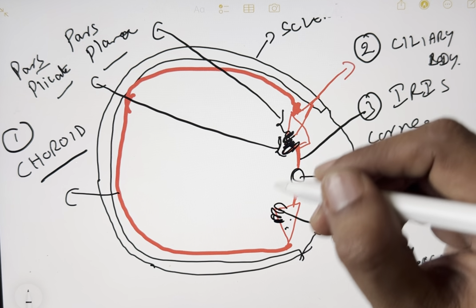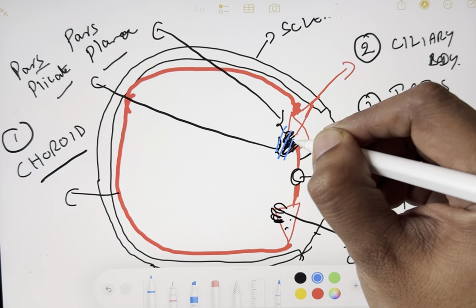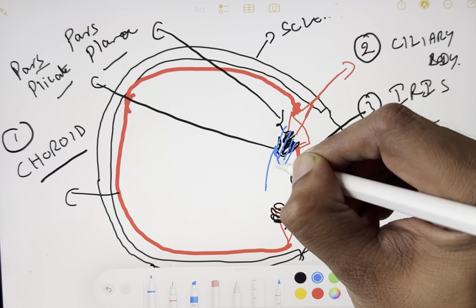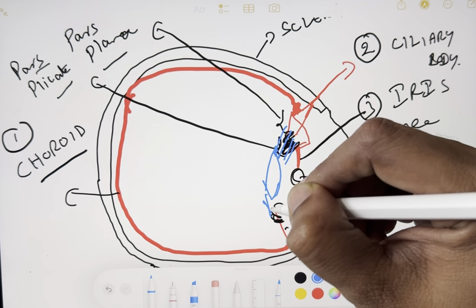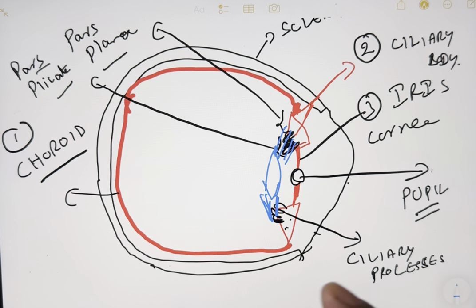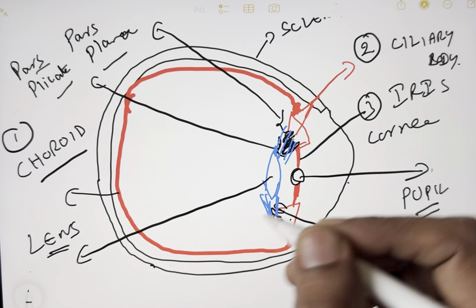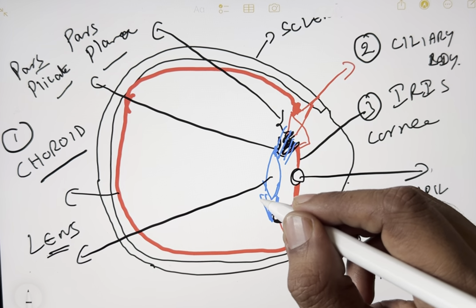Now, to this ciliary body, there are certain ligaments, known as zonular ligaments, which suspend a very important structure known as lens. Lens is also an avascular structure like cornea. This part is known as lens. This lens is suspended by some ligaments.